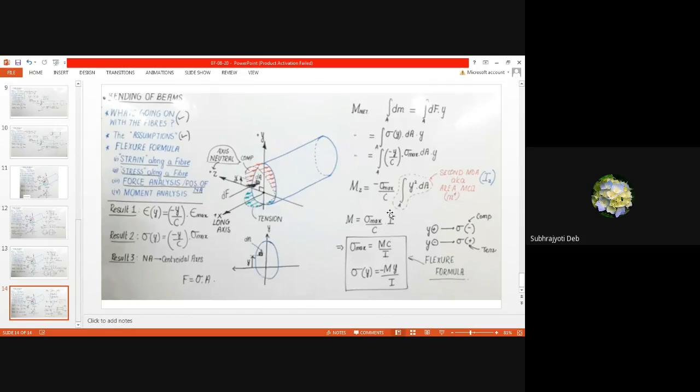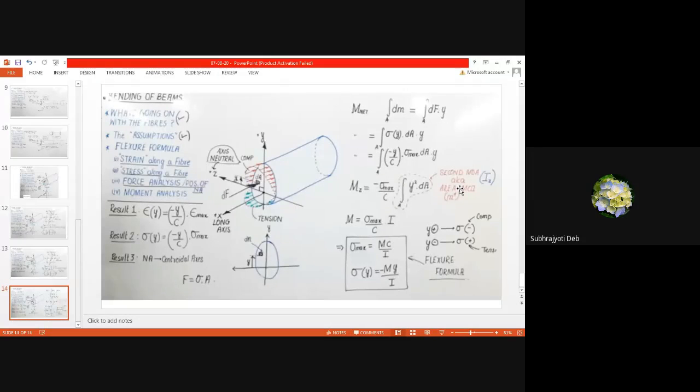Again, sigma max and c are constant, so that's why they are outside the integration. So what will remain? This y and this y, so y square into dA. This integration of y square into dA is known as second moment of area. In case of force it was first moment of area, and in case of moment, it is second moment of area. This is also known as area moment of inertia.